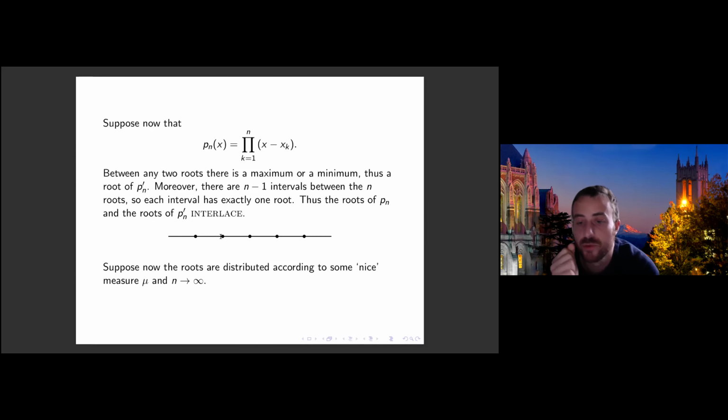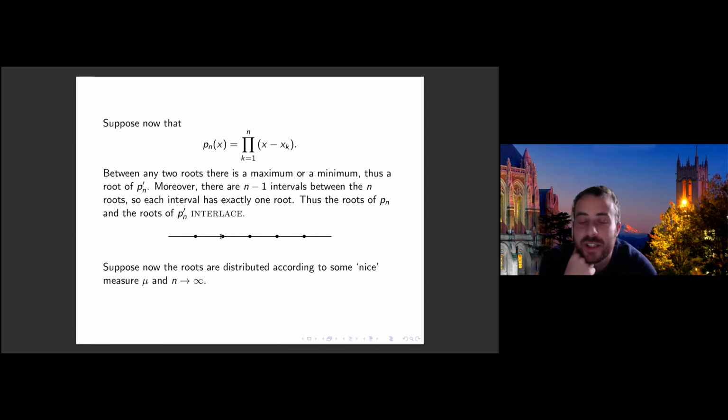Okay, so suppose now that the roots are distributed according to some nice measure and the number of roots goes to infinity. That's the setting that I find interesting: you have some nice probability measure. I'm not specifying what nice means, but think of absolutely continuous, compactly supported, maybe a nice density. Or think of a Gaussian, which is very nearly compactly supported.